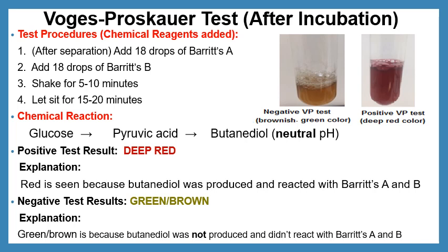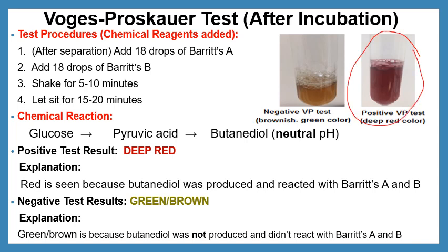A positive result would be glucose broken down into pyruvic acid and producing butanediol, an alcohol. This will give us a deep red, like a wine red color, indicated here on the far right picture.